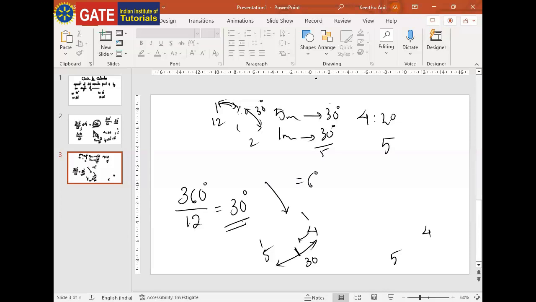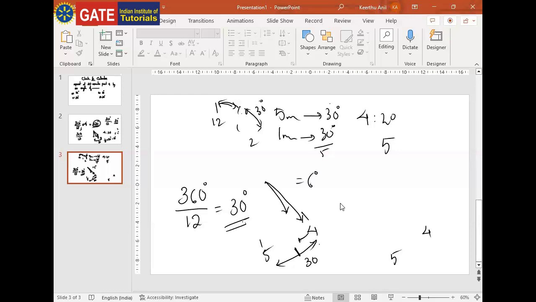Because if I divide this 30 degree into 3 parts, how much will each fraction be? 10 degree it will be, right? So you already have your minute hand there at 4. And your hour hand is now 10 degree away. So the shift between these two should be how much? 10 degree. Understood? Getting it?